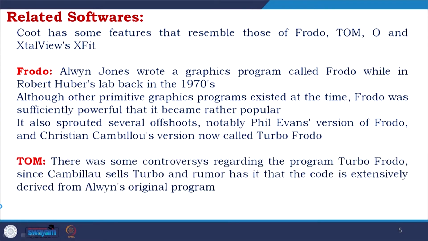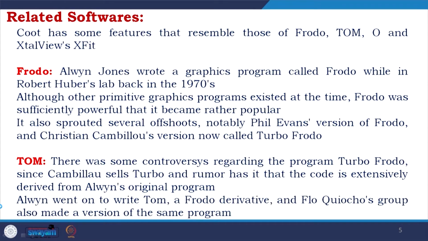Then came Tom. There were some controversies regarding TurboFrodo because Cambillau sells Turbo, and rumor has it that the code he claimed ownership of is actually derived from Alwyn's original Frodo program. Alwyn went on to write Tom, a Frodo derivative, and Florence Quiocho's group also made a version of the same program.